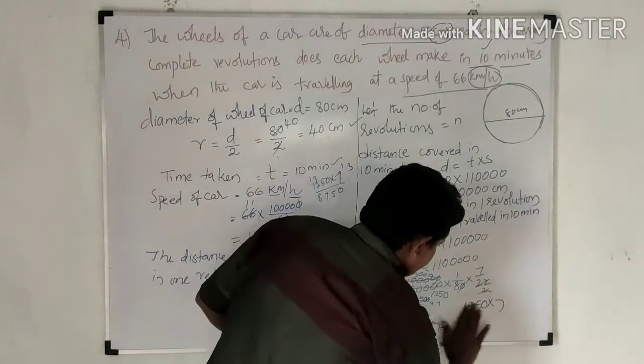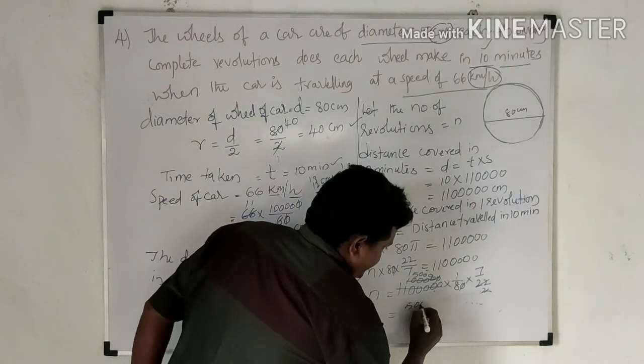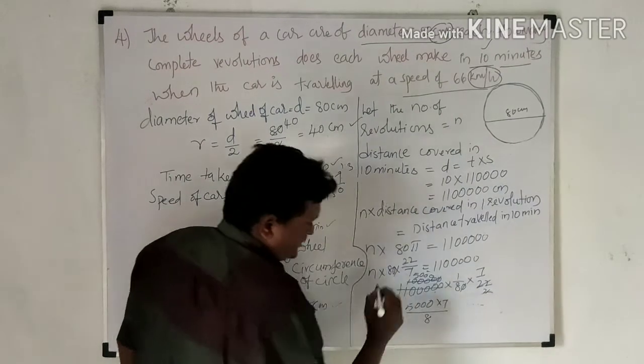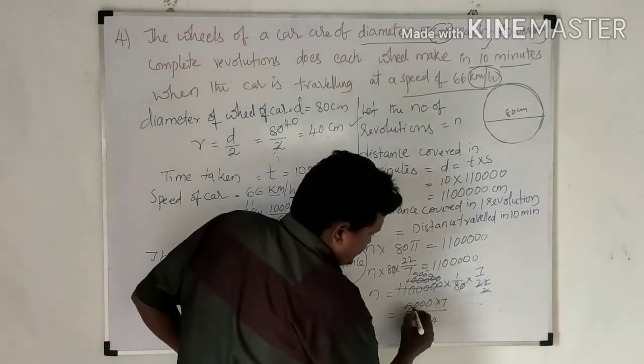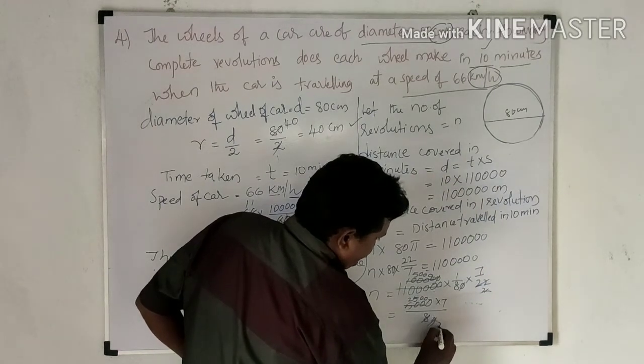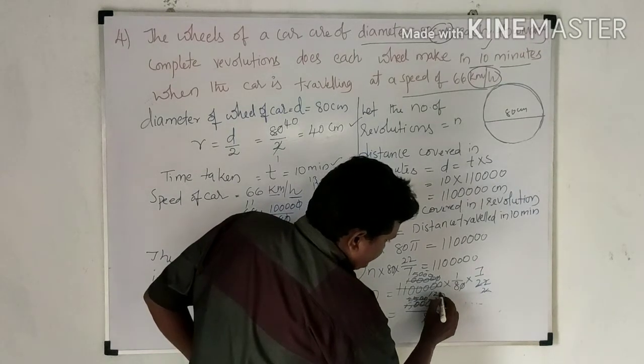See once again here. How much is 5000 into 7 by 8? Here we are getting confusion. So 2 4s are, 2 2s are 4, 2 5s are 2 zeros. Again by 2, 2 1s are 2, 2 2s are 2, 2 5s are 0.